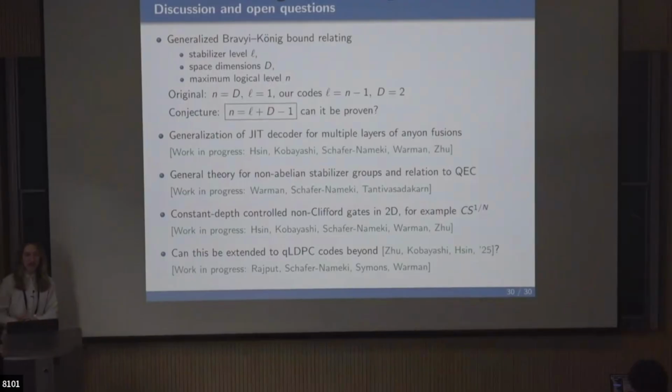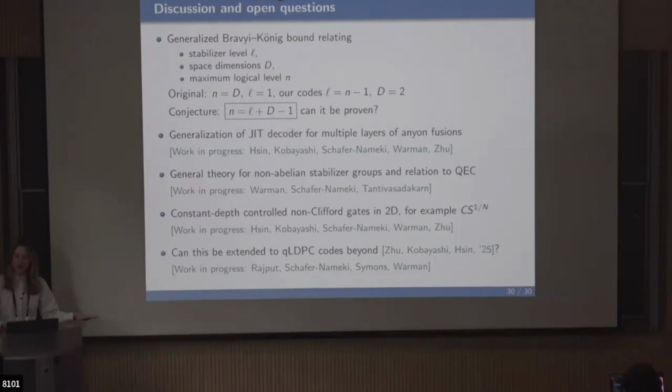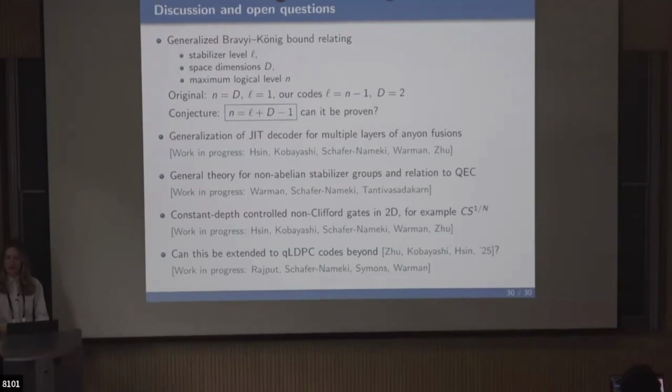And there have also been other works by Nat and collaborators on using cup product approaches in these QLDPC codes. But what I've been talking about today has not been based on abelian groups, cocycles and cup products. It was using non-abelian groups. So it's a bit different.